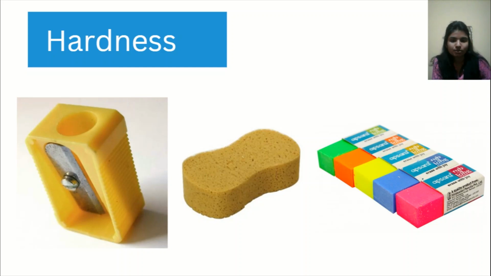So here in the picture we can see that a plastic sharpener is made up of plastic, which is again a hard material. Sponge and razor are soft materials and they can easily be compressed.